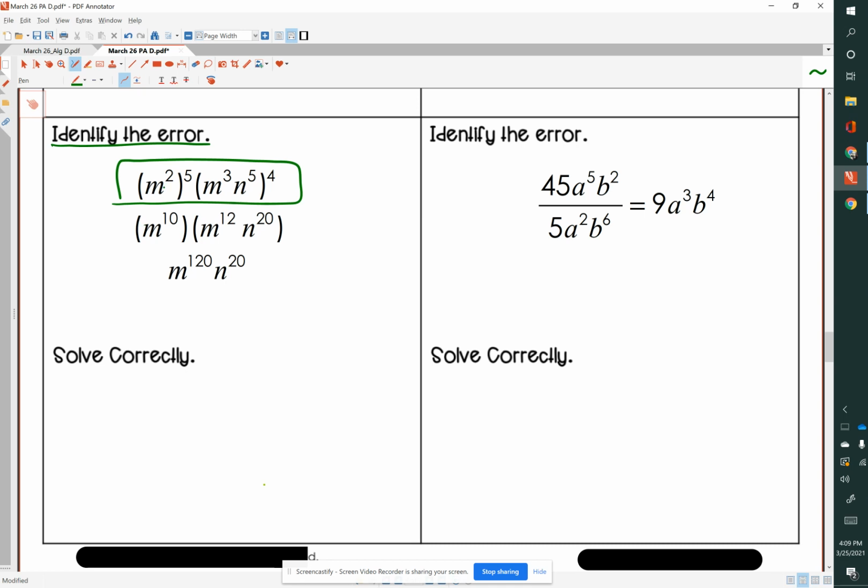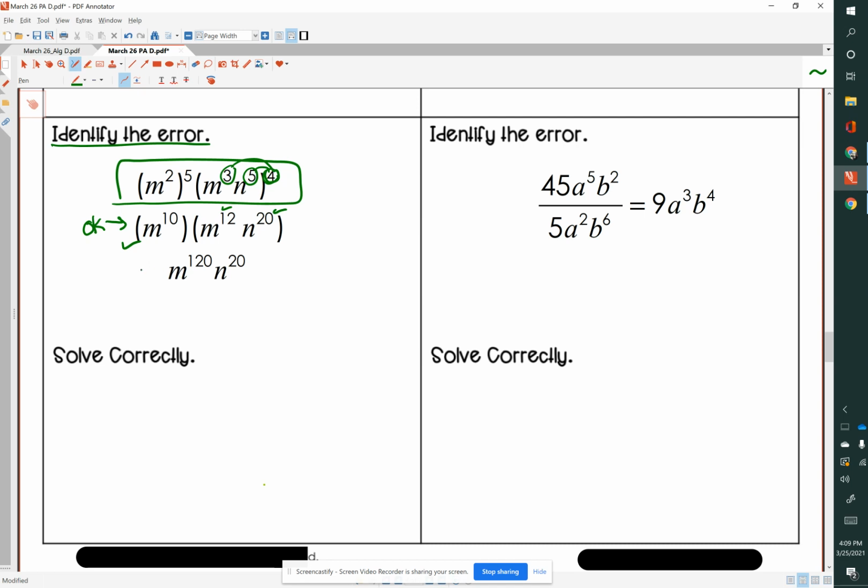So m, 2 times 5 is 10, and that seems okay. Then we have m, 3 times 4, which is 12, that's okay. And then 5 times 4, which is 20, and that's okay. So this line here seems to be okay.